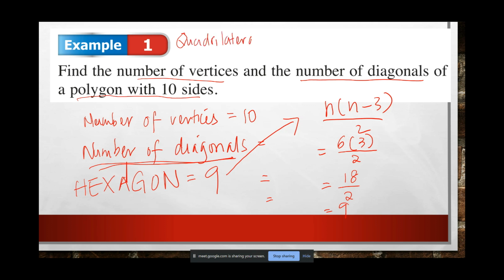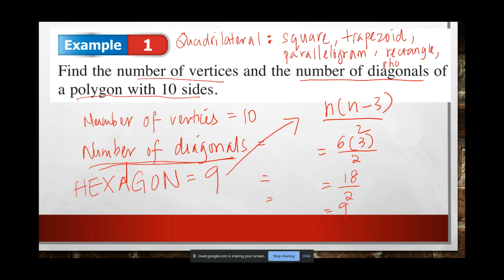Rhombus, trapezoid. Very good. Parallelogram, correct. Any more? Rectangle. Yes, rectangle is also one of them. So all of them, as long as there are 4 sides, are considered quadrilaterals.